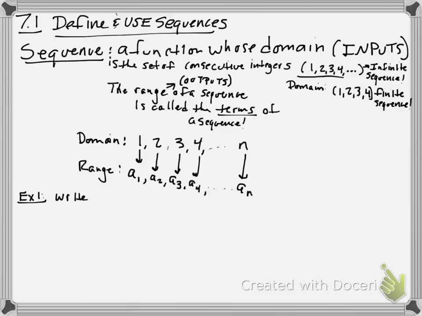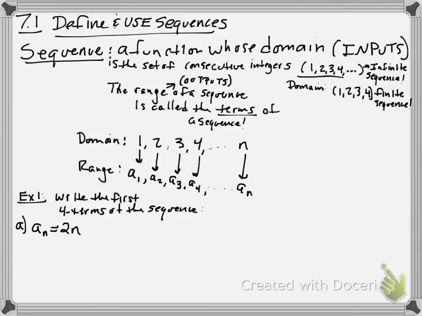Let's write the first 4 terms of the sequence. And we'll define the sequence in 2 ways. In part A, I'm going to call the sequence a sub n and define it as 2 times n.